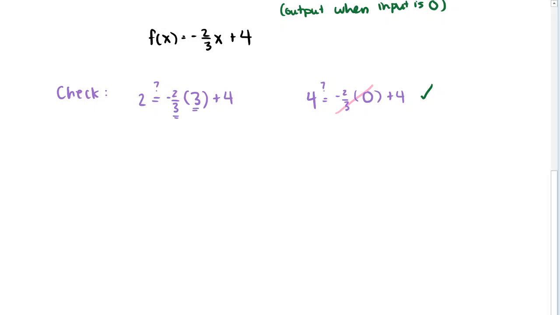Those undo each other, and I'm just left with negative 2 plus 4 on the right, and 2 on the left. Well, negative 2 plus 4 is 2, and so we get 2 out. This function takes both of the inputs we started with and takes them to the outputs we expected. So this is the equation for the linear function we were looking for.